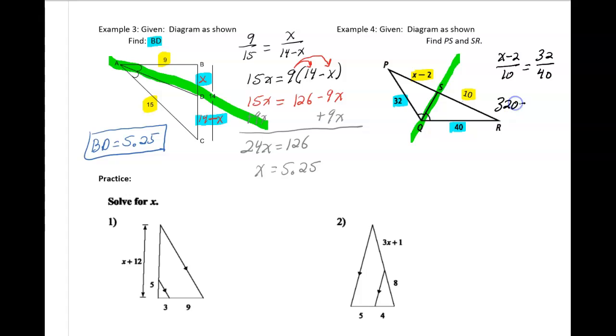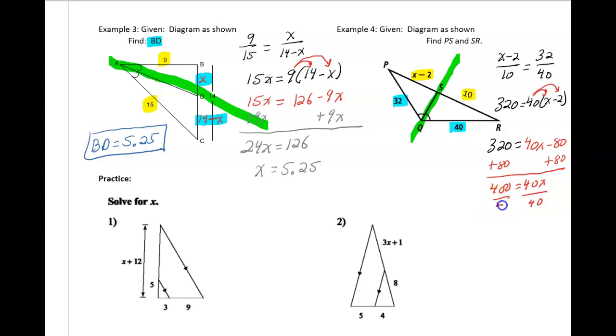Multiplying, 320 is equal to 40 times x minus 2. 320 is equal to, make sure you distribute properly, 40x minus 80. Let's add 80 to both sides. 400 is 40x.